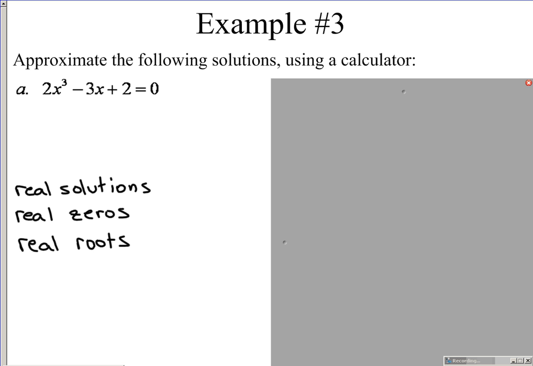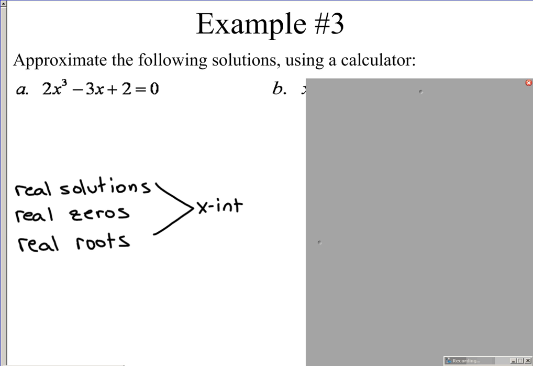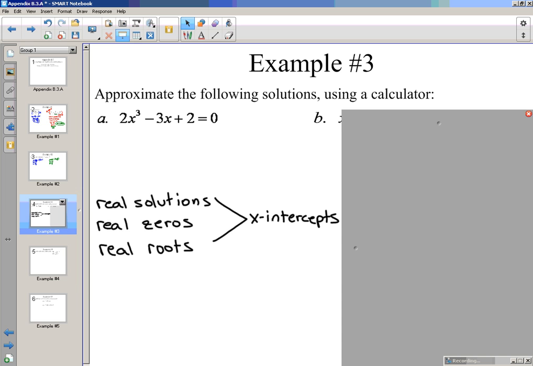Solutions, zeros, and roots. When we're talking about real solutions, real zeros, and real roots, they all have in common that that's the same thing as talking about the x-intercepts. So x-intercepts correspond, when we look graphically at where it's crossing the x-axis, to the solutions of the equation as well.